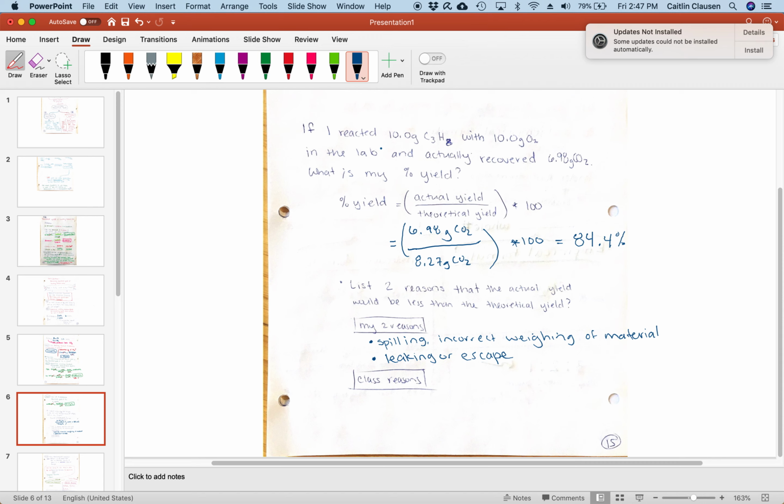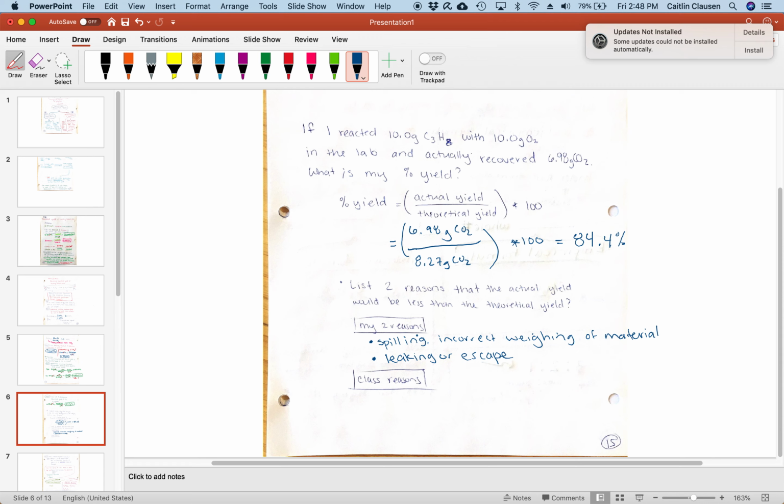Maybe your reaction didn't actually go to completion. You need to react it longer. But if you have questions like this on the lab, I want you to be as specific as possible and just try and think of all of the ways. Human error is a big part, but just writing human error tells us nothing. Did it leak? Was it a gas?